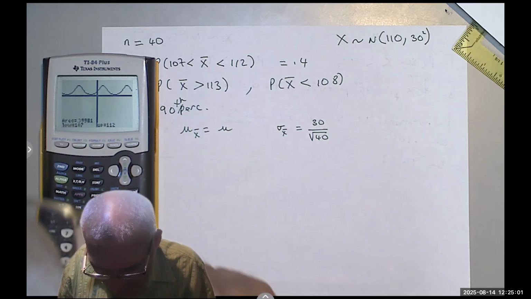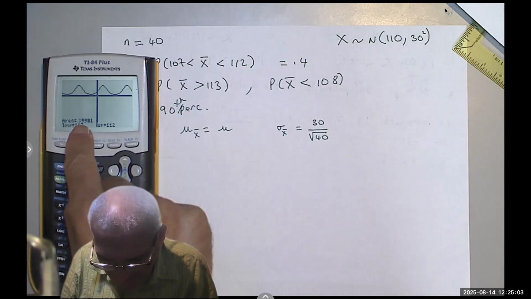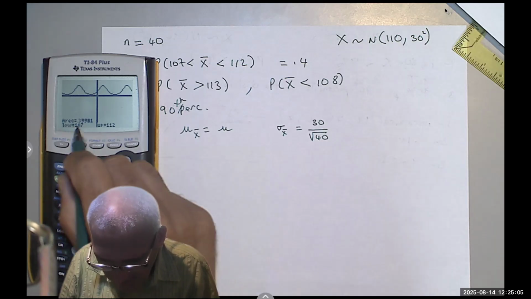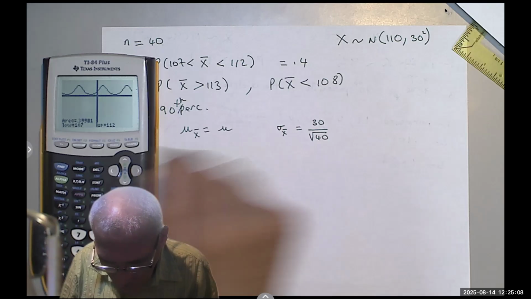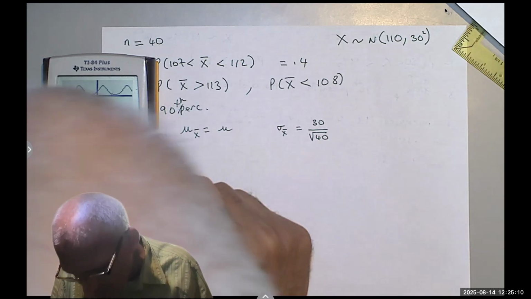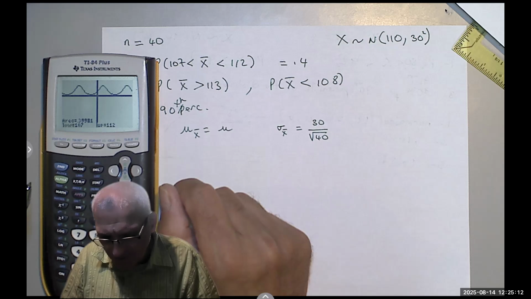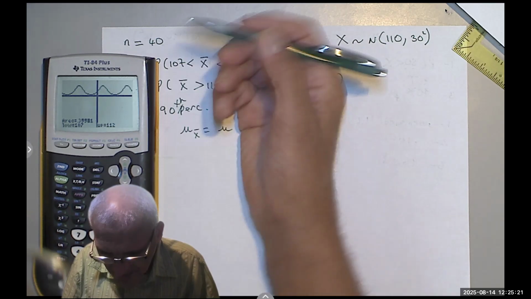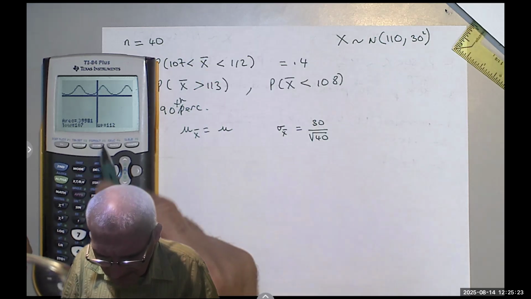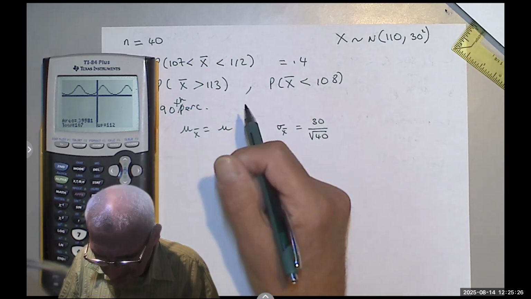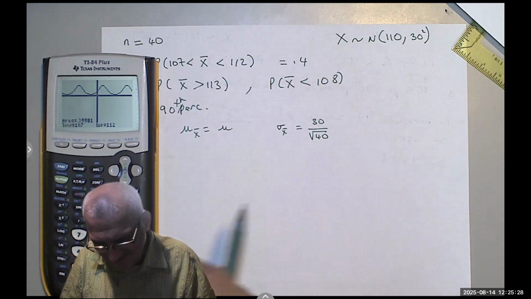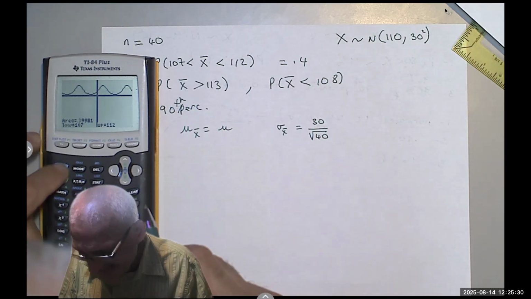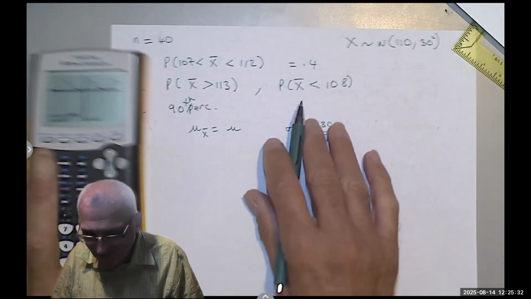It gave me the area as 0.399 lower and upper, but I didn't expect it to. I thought it will show me the mean. No, that's not the mean. So I don't know what that is. I'm sorry, I should have tried it before. Anyway, let's go to number 2.